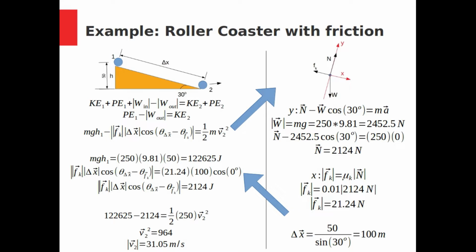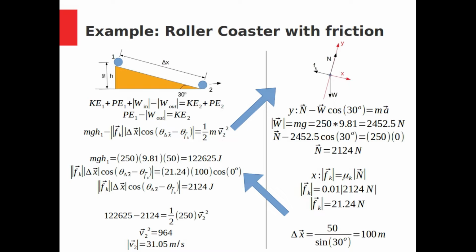And by using a similar technique to what we did in the previous ramp problem, we can find out how far the friction force gets exerted over. The object moves over 100 meters, so the friction force is felt over 100 meters. Using this information, we can take this and put it back into the conservation of energy equation which we left on the left side of the screen.